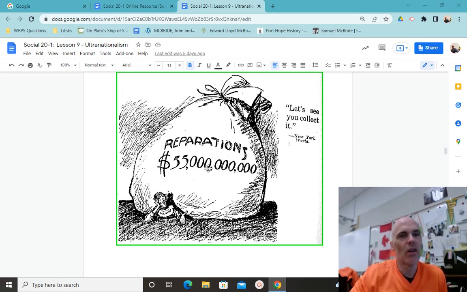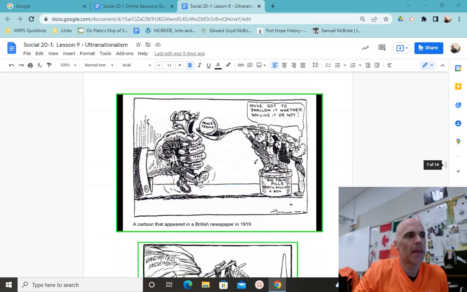It's like, Austin Powers, we want $100 trillion. But the reality is, if you make the number so absurdly large and punishing, then you're going to make it difficult for Germany to repay it, and you're going to cause resentment. And as we learned in the last lesson, it ended up taking Germany decades to pay back the reparations.